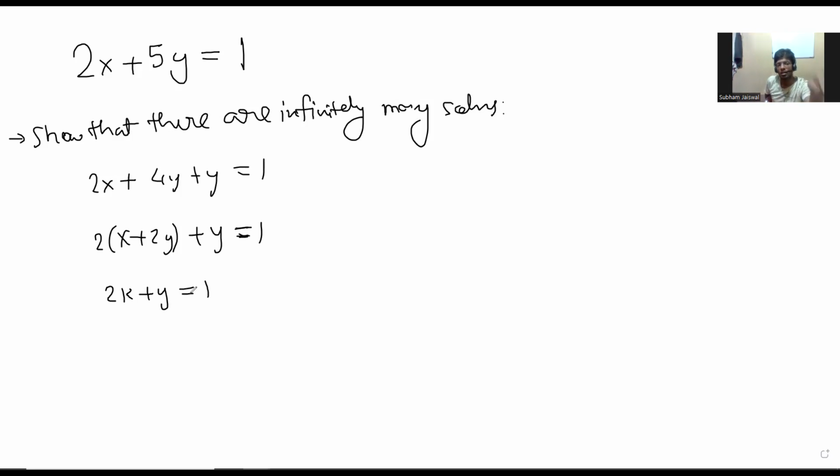Yeah, but any k will not work. That k has to satisfy x plus 2y, right? Because that y and that y are the same y. Well, 2 and 5 are co-prime, which means that there is at least one solution. More precisely, it has to do with the fact that there is at least one solution. Other solutions are just translates of that solution.